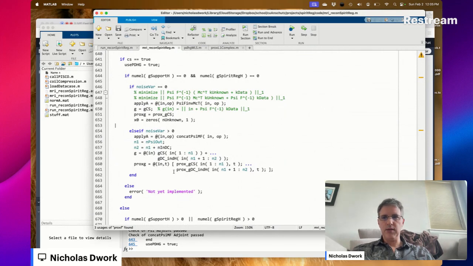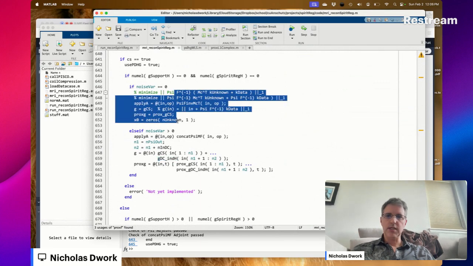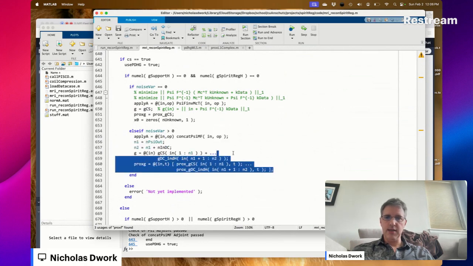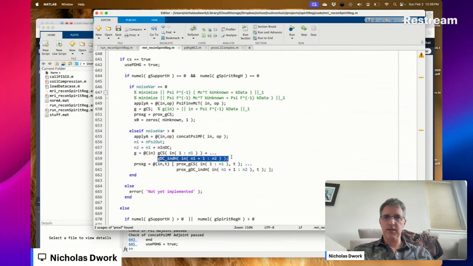What's the big difference between this one and this one? The indicator function. Since this works, it suggests that the error is in the indicator function or the proximal indicator function of this.